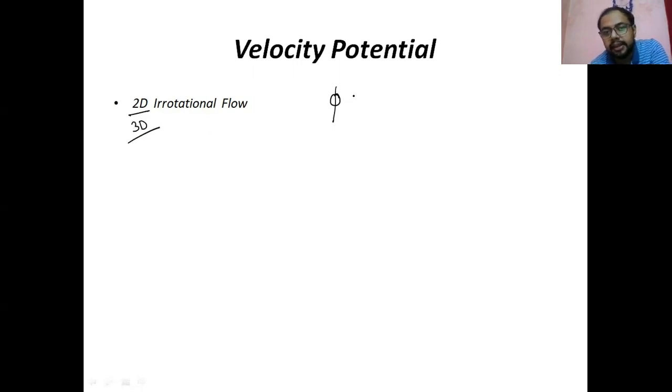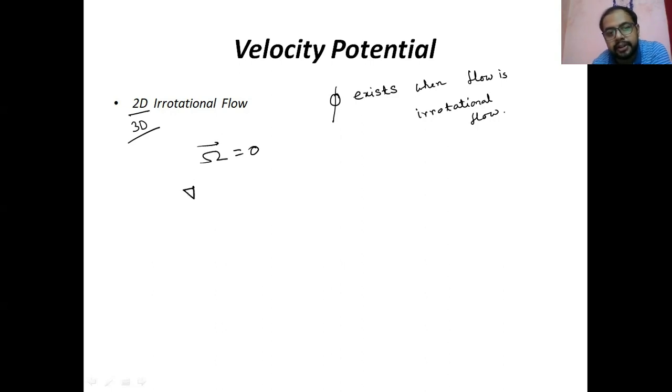But this phi function, the velocity potential function, exists only and only when the flow is irrotational flow. So what is the concept of irrotational flow? We have discussed the concept of vorticity. The vorticity vector is zero for this case of flow.